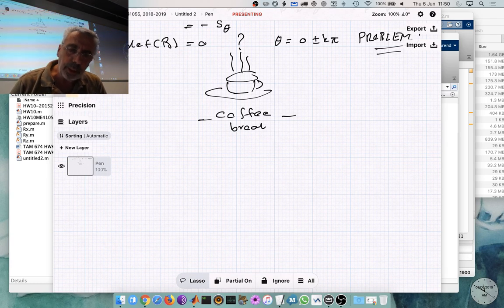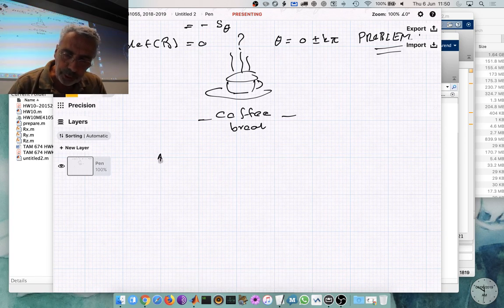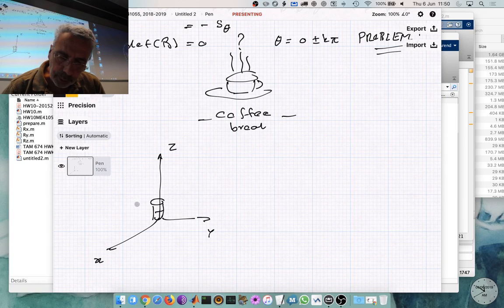So let's, and since it's already in the initial configuration, we are in trouble. So let's draw that initial configuration. 3 axes, x, y, and z. First rotation about this, second rotation about this angle, and then the third rotation about this angle.